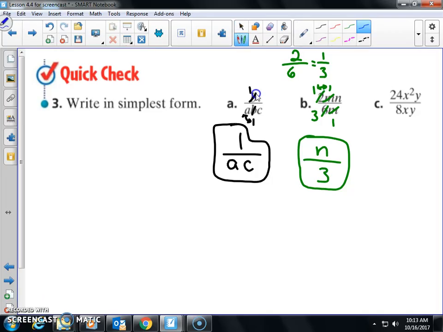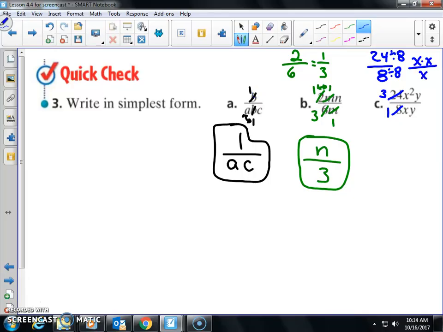In the third one, numbers first, I've got 24 over 8. Well, I can divide both the top and the bottom by 8. 24 divided by 8 is 3, so I'm going to cross this out and make it a 3. 8 divided by 8 is 1. I'm going to cross it out and make it a 1. X squared on top and x on the bottom. X squared on top means x times x on top and x on the bottom.